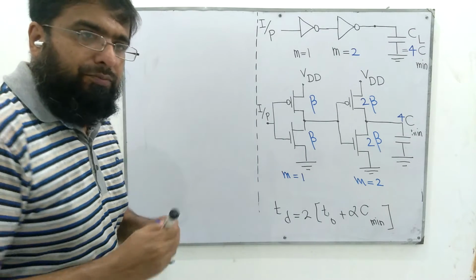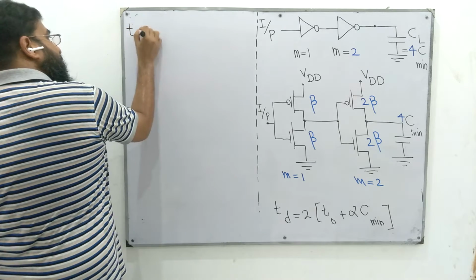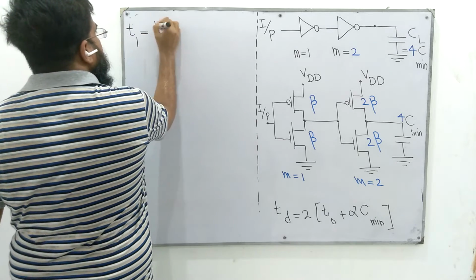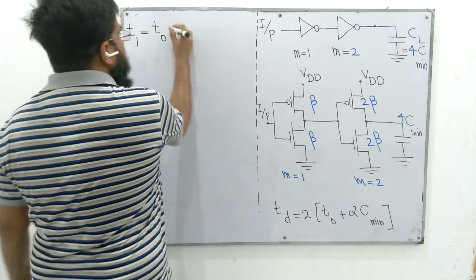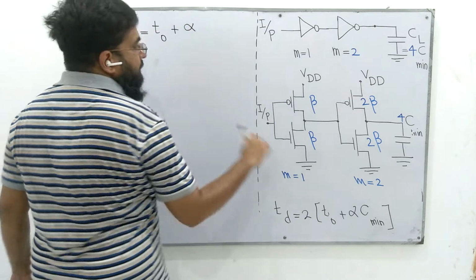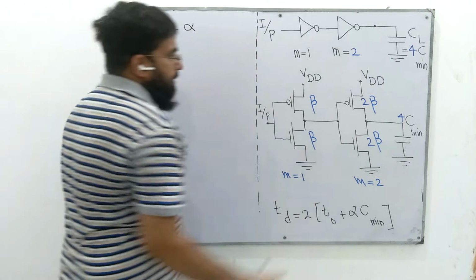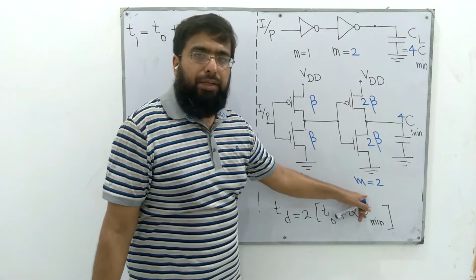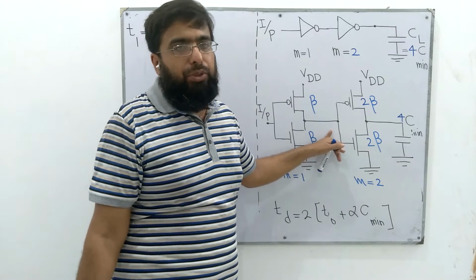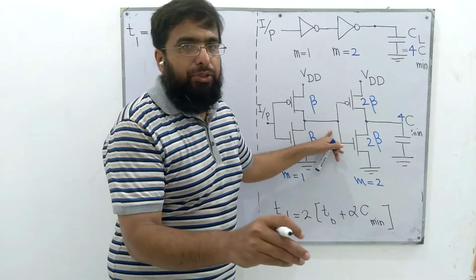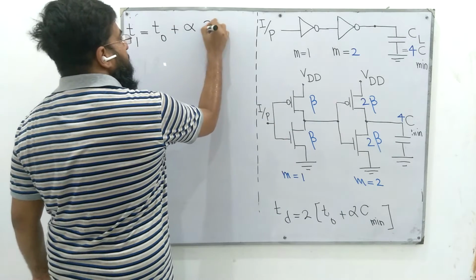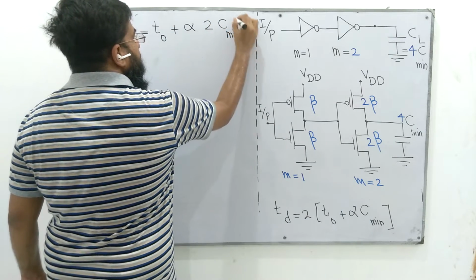Let's write the expression for the delay in general for gate number 1. T0 is independent of scaling, and it does not scale, plus alpha times CL. The CL caused by this M equal to 2 gate is 2 times C minimum, because the input gate capacitance is directly proportional to aspect ratio. If we have increased aspect ratio to 2, the input gate capacitance would also be increased by 2. So this is 2 times C minimum.